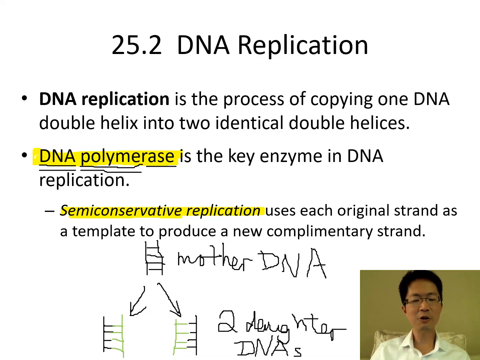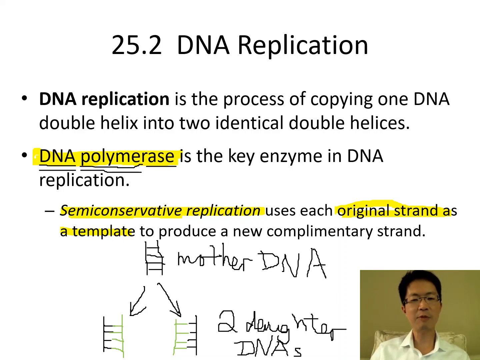The reason I use two different colors to draw the daughter DNAs is because they use the original strand as the template and then produce a new complementary strand. So the black one is the original mother strand and the green one is the new complementary strand, meaning that the green one is newly made. The black one is the original, the old one.